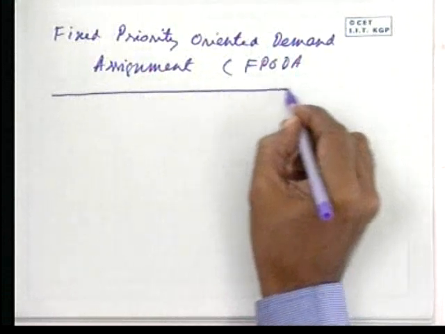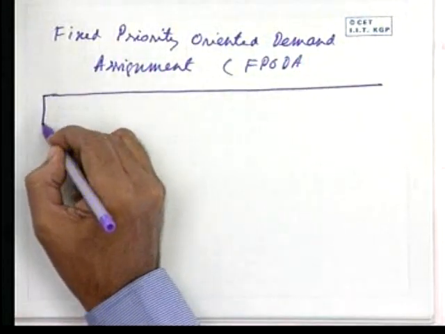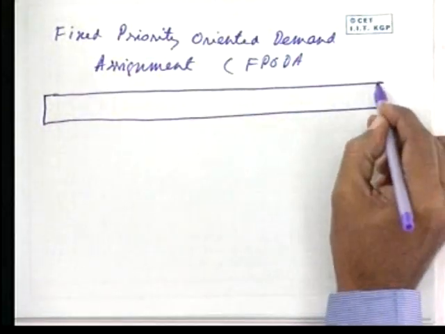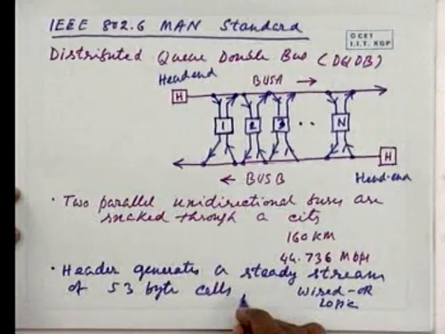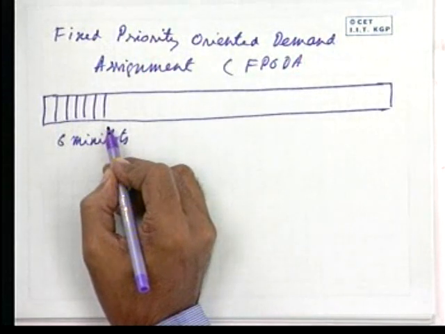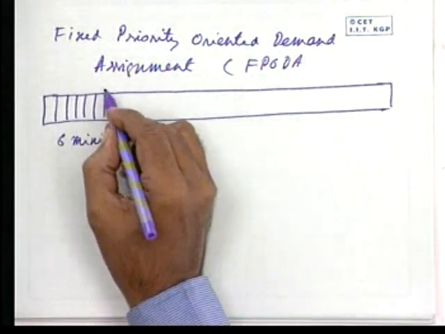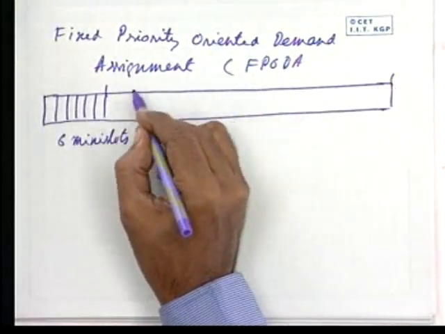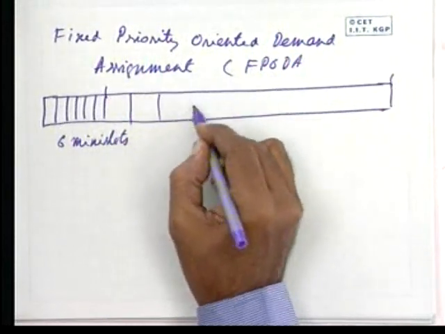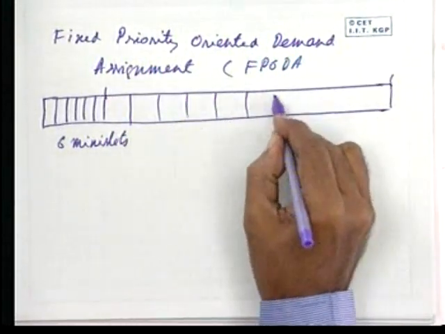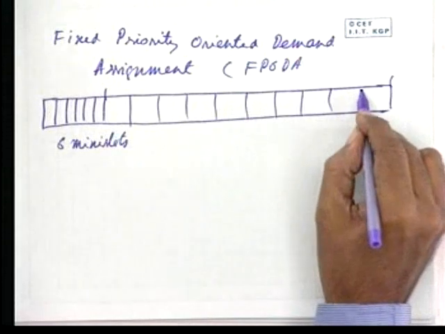What was being done? Here there are 6 mini slots present downstream. So this is how the communication will be done. And out of these 53 byte cells, only 44 byte signal can be sent by different stations, and the remaining part of the frame is used for sending data by different stations.